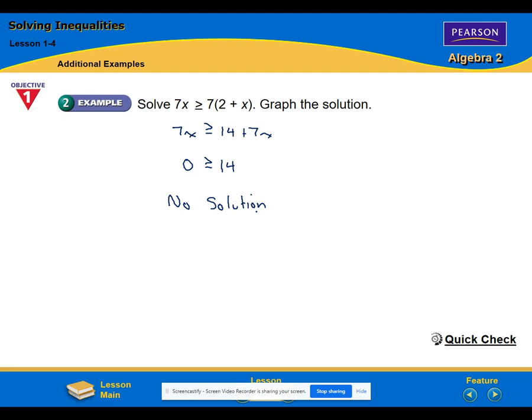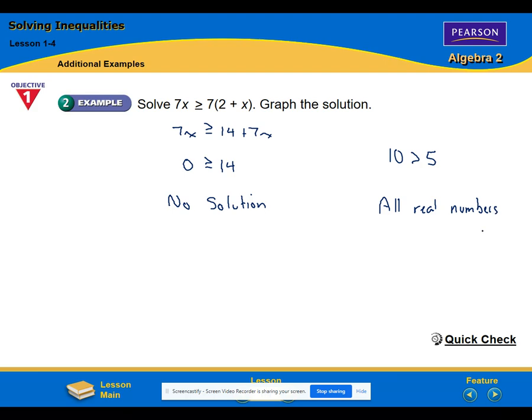Now, let me cover one other scenario. Let's say a similar thing happens, but you get 10 is greater than 5. On this line, 0 is greater than or equal to 14, which is false, no solution. What if you did the same thing and you got 10 is greater than 5 or 2 is greater than 1? Those are true, in which case the answer is going to be all real numbers.